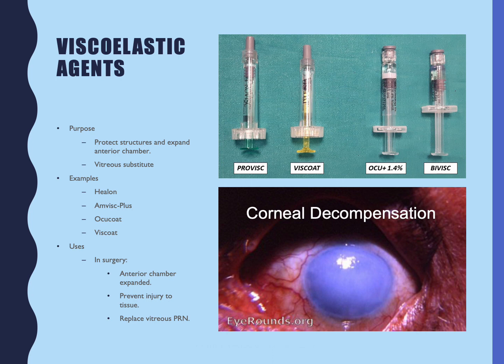Research suggests that the most common cause of corneal endothelial decompensation is during the cataract removal. And if we do have severe corneal endothelial decompensation, the patient is going to require a corneal transplant.